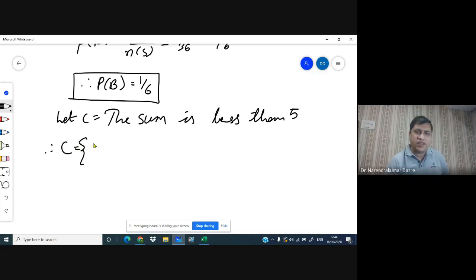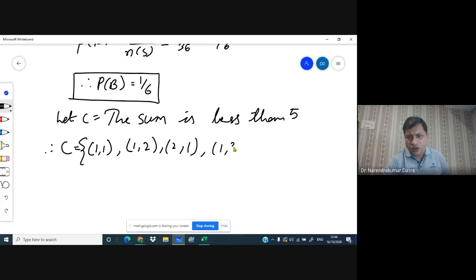So the sum is going to be 2, so (1,1). Then it may be 3, so (1,2) and (2,1). Then it may be 4, so (1,3), (2,2) and (3,1).